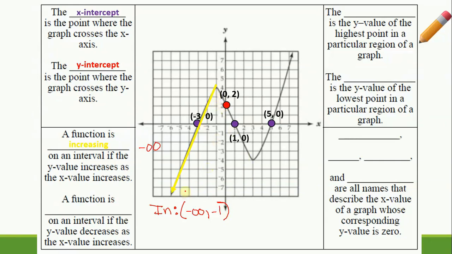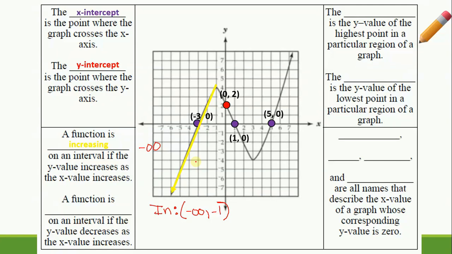Okay? Then you also want to look again. Are you increasing? Because you can be increasing on multiple intervals on a graph. Kind of like if you're looking at a regular graph, like in science or even history, and you're looking at a timeline. Notice, guys, you are talking about the x values.